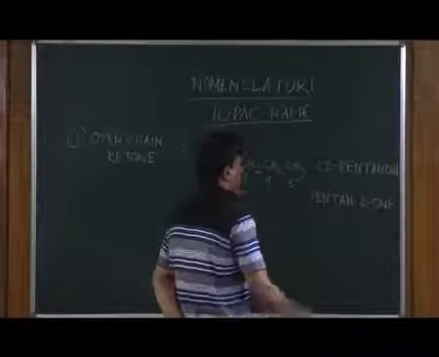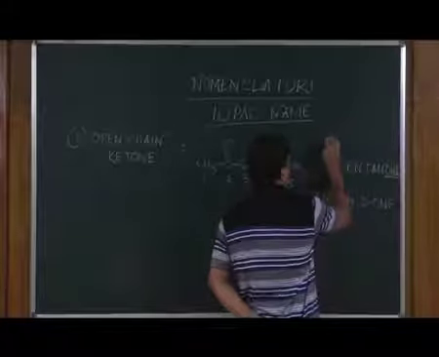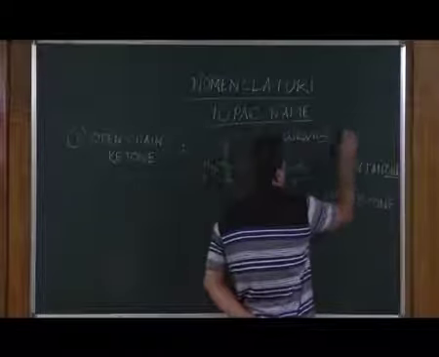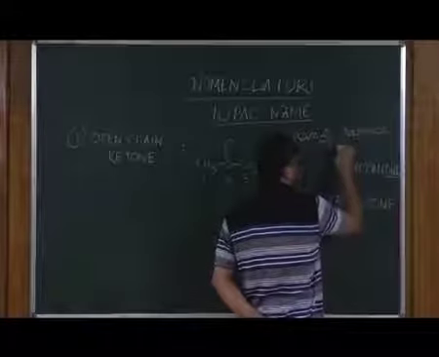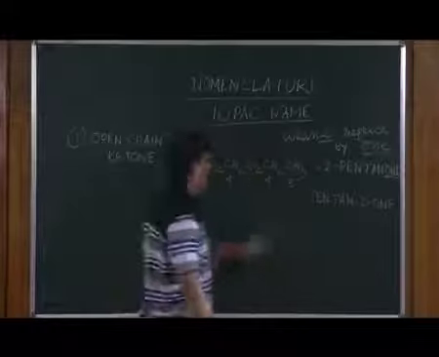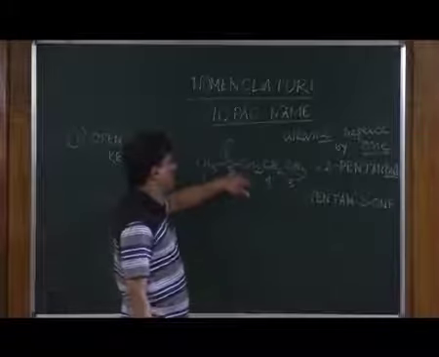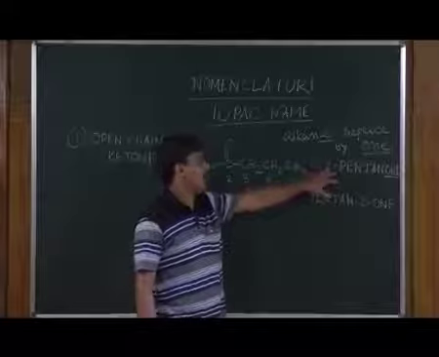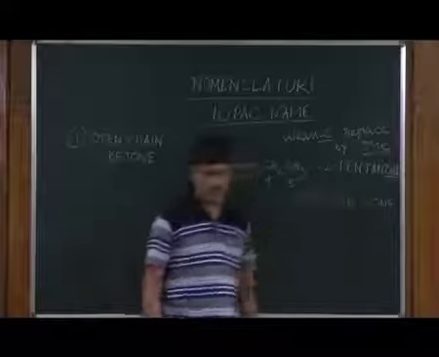This is important: the alkane E is replaced by one. So, this is the pentane chain, so pentanone, and you have to indicate the position of the carbonyl, which you can give either right before the name, like 2-pentanone, or pentan-2-one.